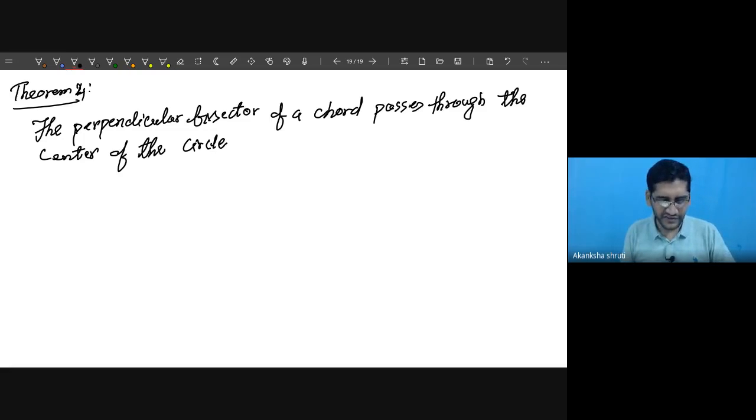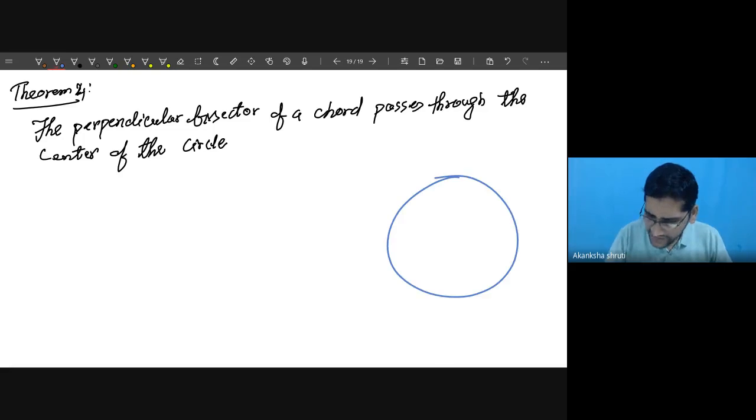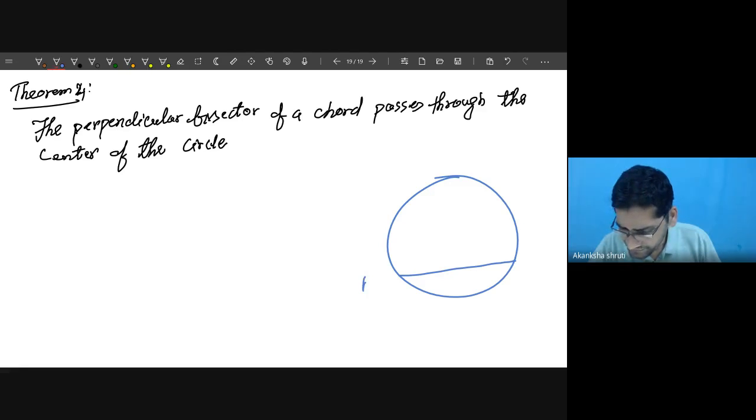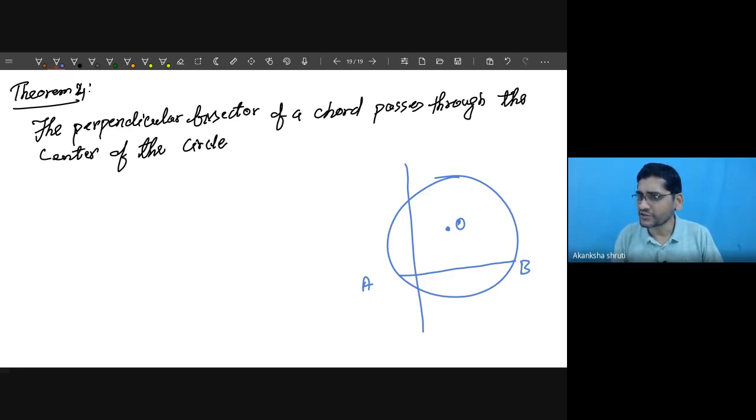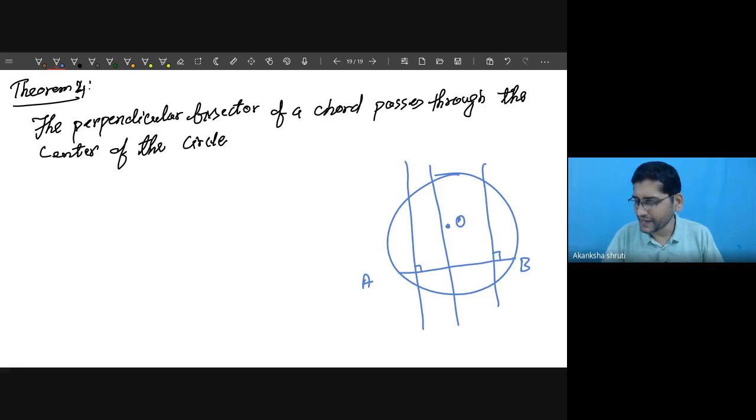So how is this? It means we are given a chord AB. Students, it has a center O. Draw a perpendicular on AB. I may draw here also. Perpendicular simply means it is 90 degree. This is also another perpendicular.